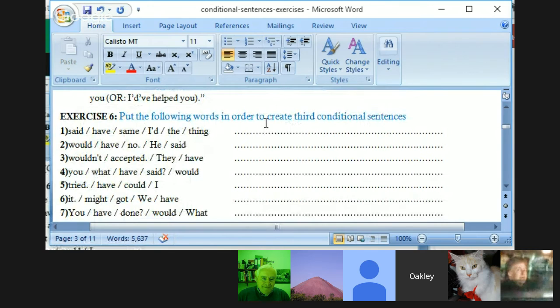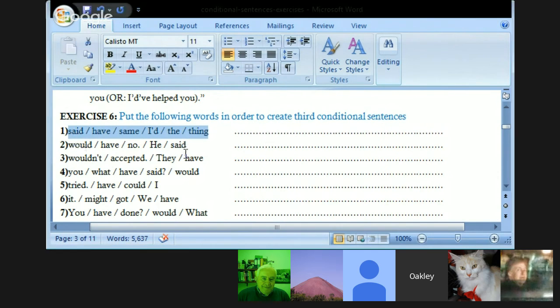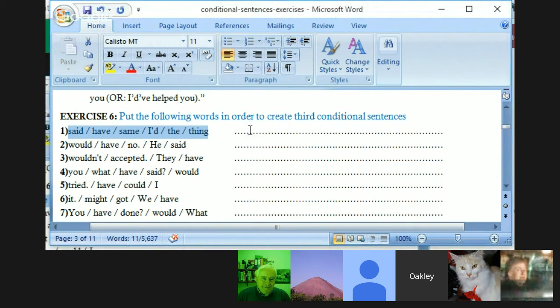I'm sorry, it's a little trickier than expected. You only have the words for the result clause. That's the tricky part. That's why it's so hard.